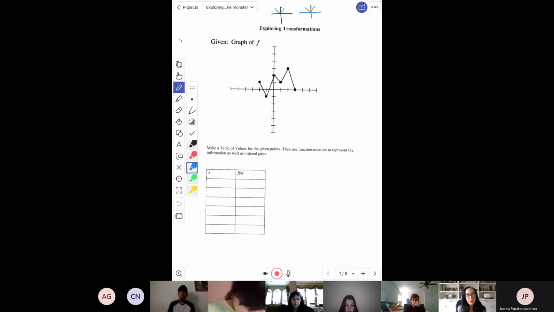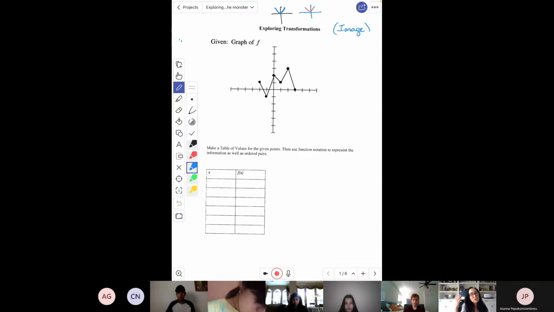So we talked about parent functions, but we can do mathematical things to these parent functions and transform them to give you what is known as an image function. An image function is the resulting graph after I've performed transformations.